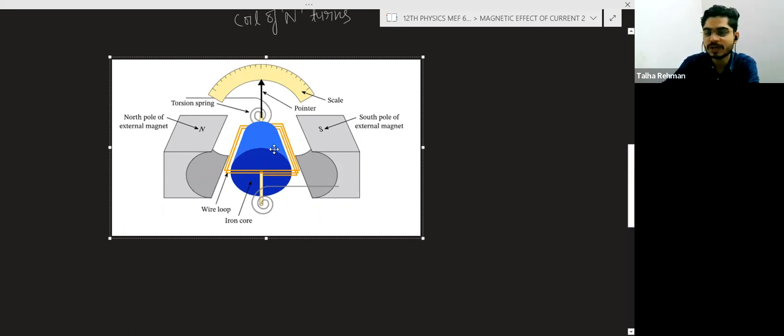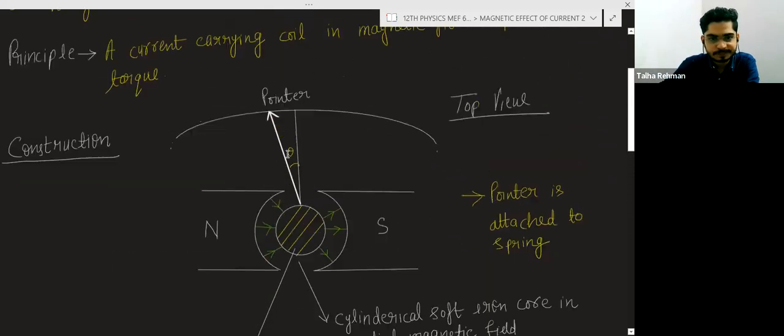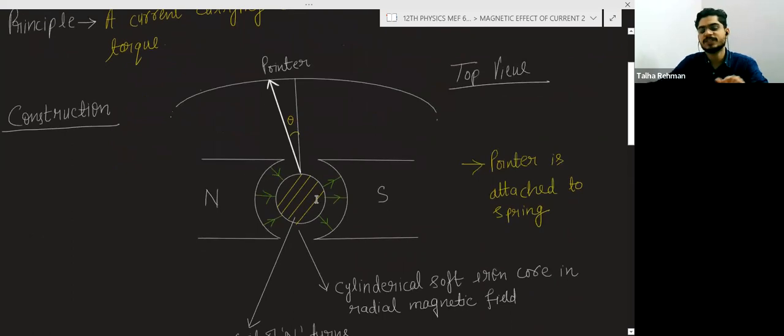There will be a torque on the coil, and the coil will rotate. And this coil is connected with the spring, so when the coil rotates, the spring will try to stop the rotation. So this is the construction.